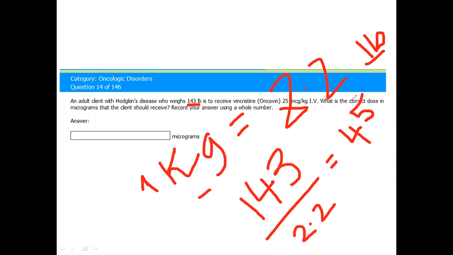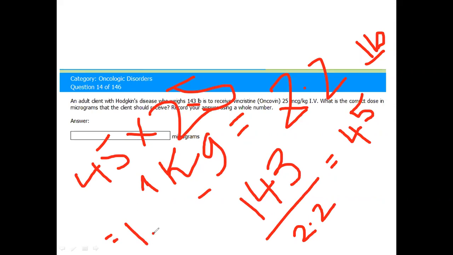So this 45 will be multiplied by 25, and that would be the answer. So like I said, 45 multiplied by 25, and it would be 1,625, which should be the total amount.